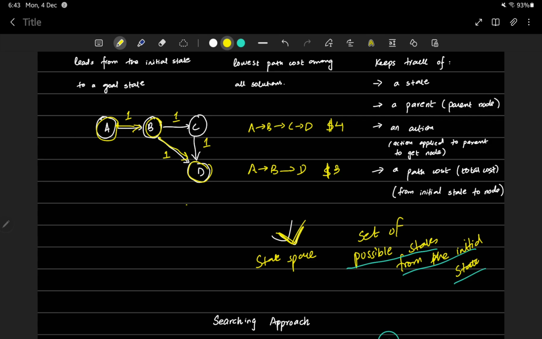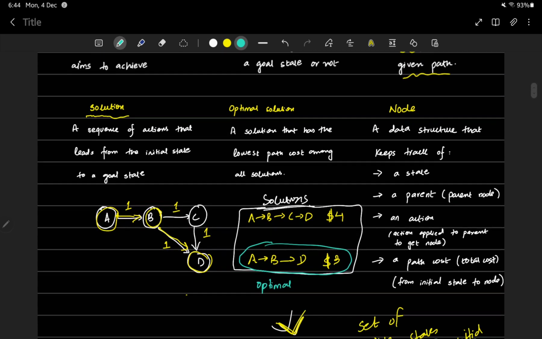It's 3. So both of these things are solutions. They are correct solutions. But this one is the optimal solution.